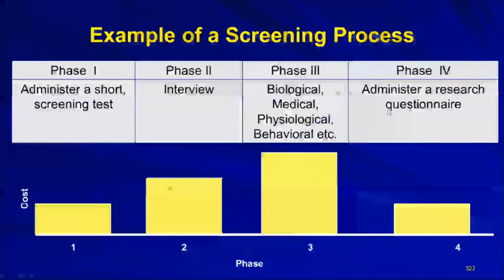And afterwards might be the time that we would administer a research questionnaire to look at those who have been diagnosed and look at the factors that go along with that diagnosis to see whether or not we can predict who might develop a particular disease or not. So we're into prevention, protection, and control again.